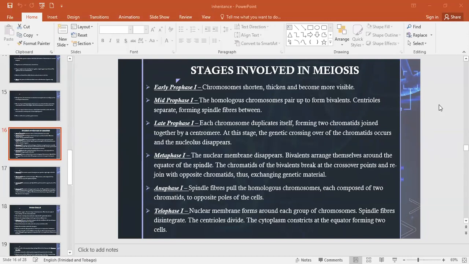So at this point, at the end of the first stages of meiosis, you will have 2 cells being formed. All right, but each of these 2 cells now are going to have 46 chromosomes each.